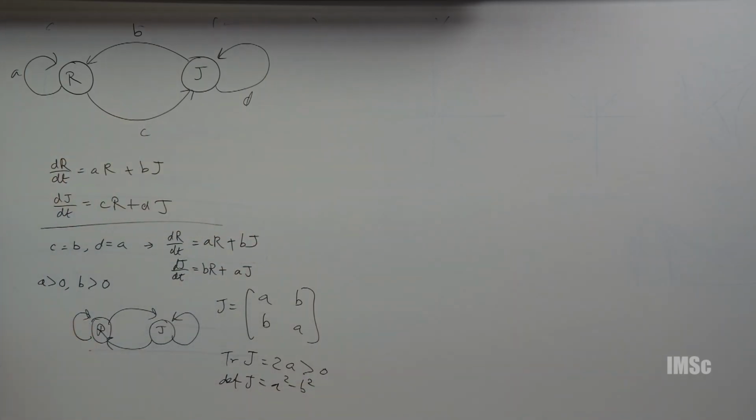Okay. Is it an unstable node or is it an unstable spiral? But A and B, regardless of what their values are, they can't be imaginary, right? It's A square minus B square. It has to be real, right? It's either positive or negative, right?